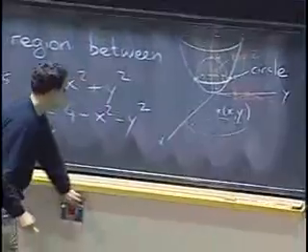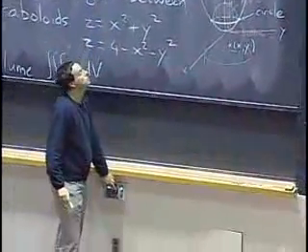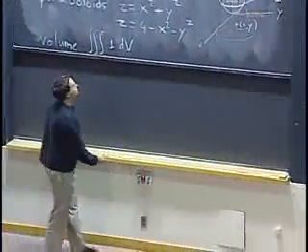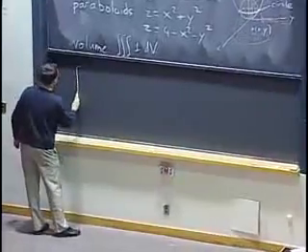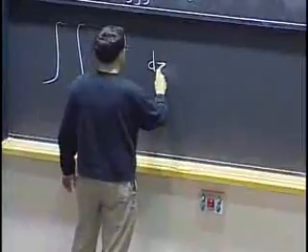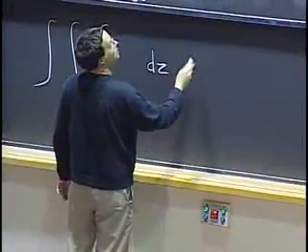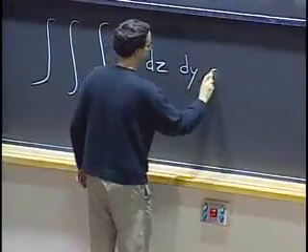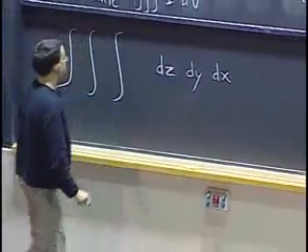Okay, so if I want to start to set this up, I will write a triple integral. Let's say I'm going to do it dz first, and then dy dx, for example. Doesn't really matter.